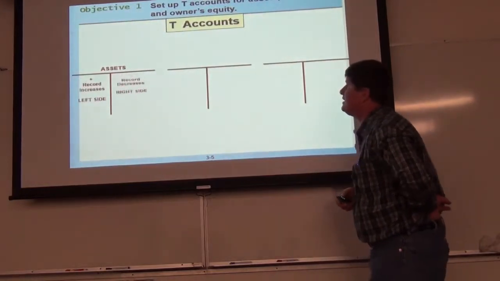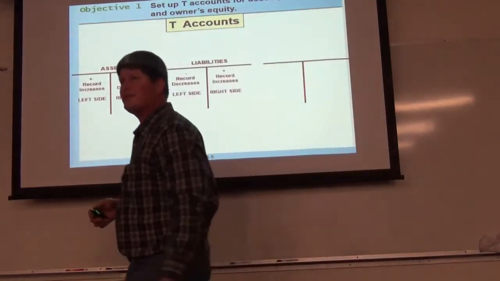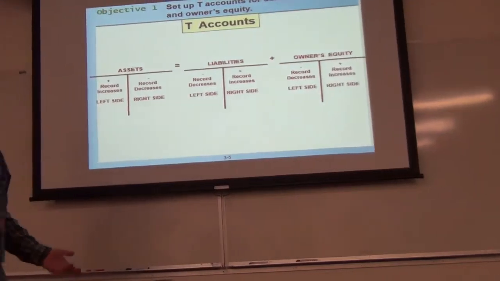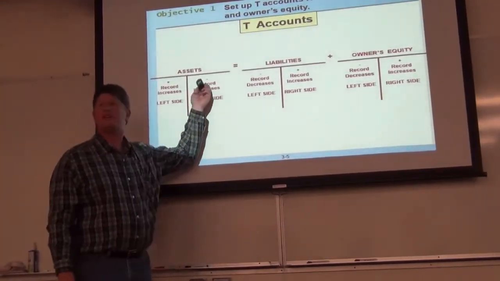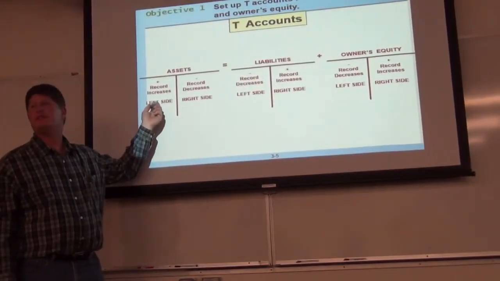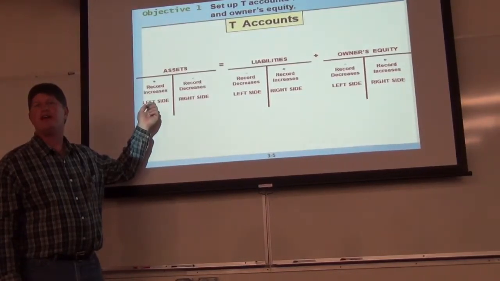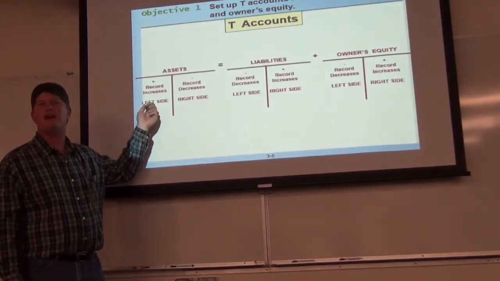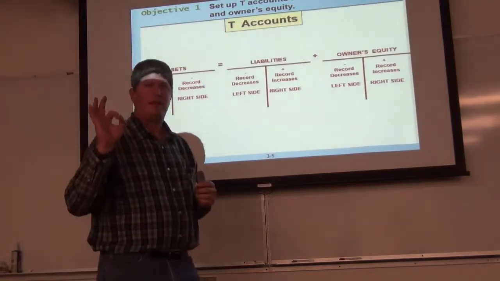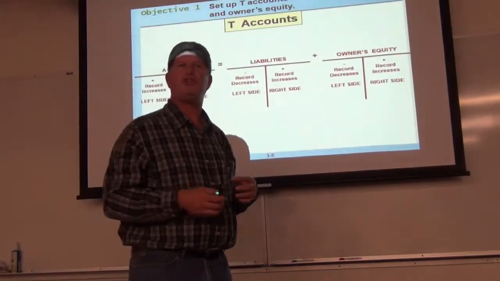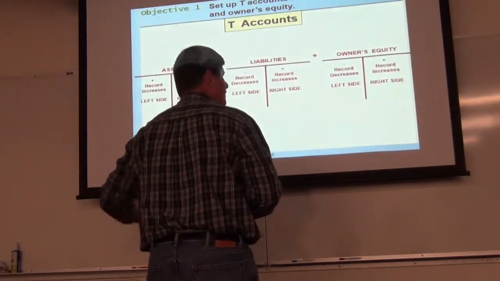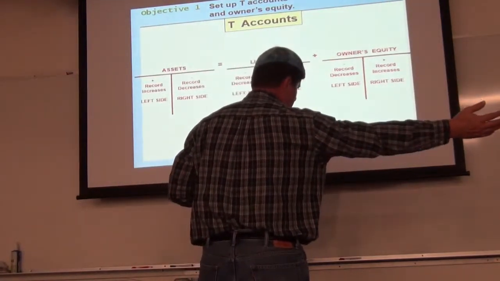Good. Okay, T accounts, here we go. This is just going to be a quick refresher of what we covered earlier. Assets always increase on the left side. Left side is the debit side. Debits are always on the left. Credits are always on the right.